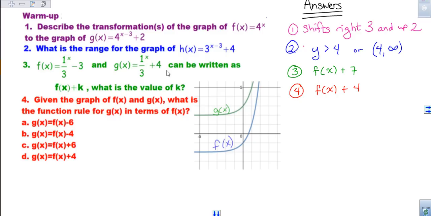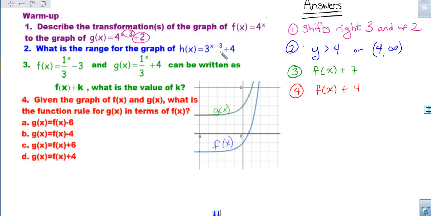The first graph shifts to the right 3 because of that, and up 2 because of this one. Okay? The range of the graph for this one, well, this is an exponential function, and even though it shifted right 3, we don't really pay attention to that.